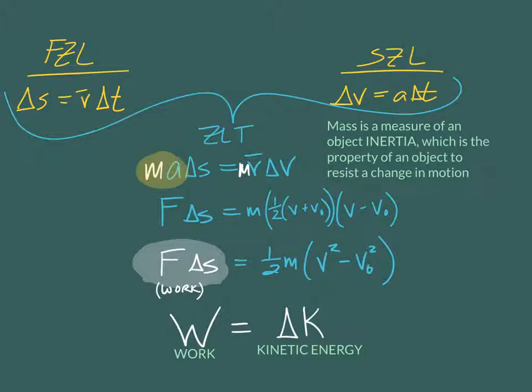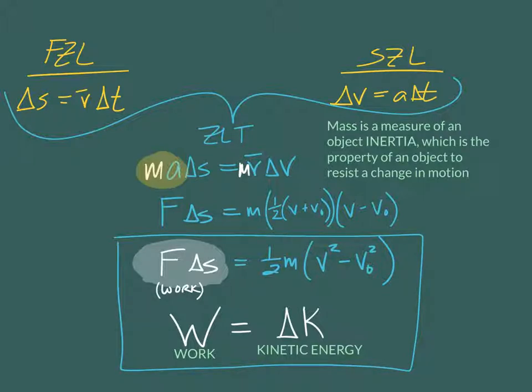All right, so we have this work-kinetic energy theorem. Knowing that W equals the change in kinetic energy, and what the formulas for that would be, is important. So let's apply this to something.